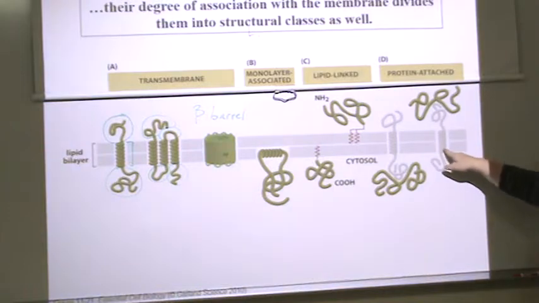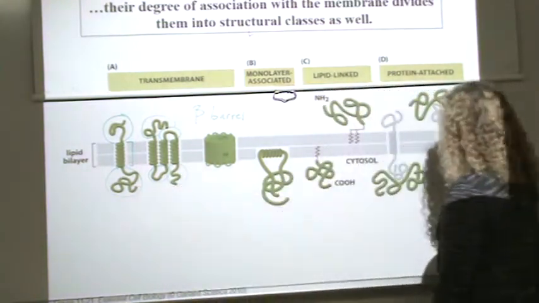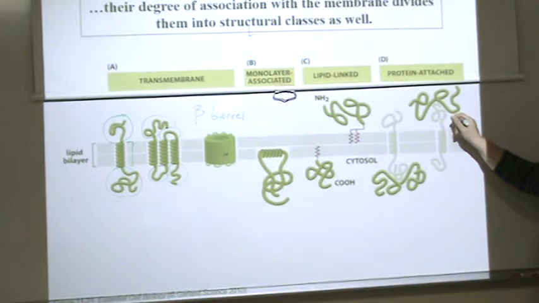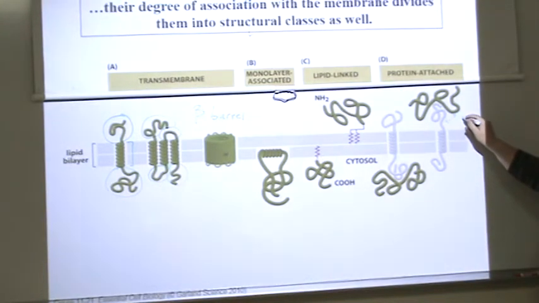So this is showing, okay, that's the same protein as was in the green, and it has a binding partner. And these two are non-covalently associated.